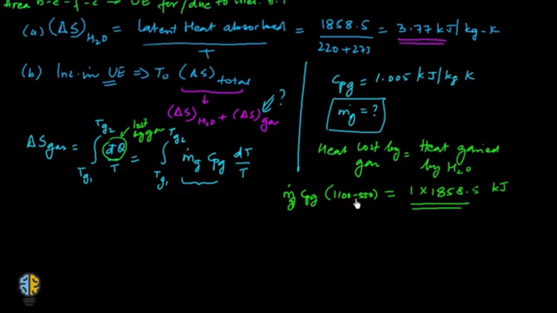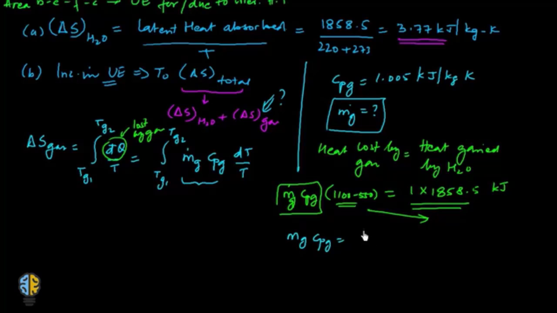Alright, so if you bring this particular term in the denominator, you will get the value for m_g into Cp_g. So this becomes m_g dot, or you can say just m_g, into Cp_g.